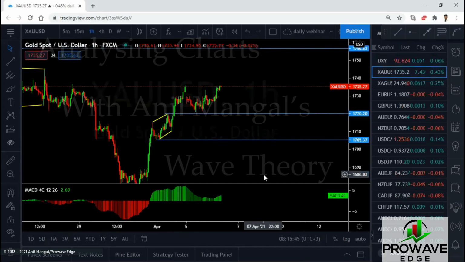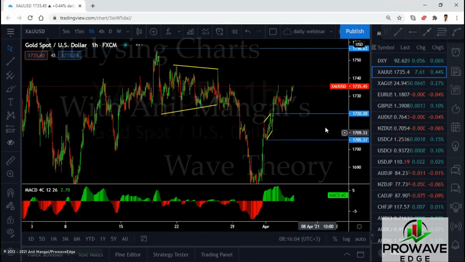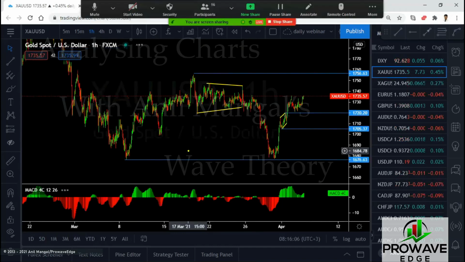Gold, it's correcting. I don't know whether this correction is enough. It kind of went up, but we're still within this impulse, which means I wouldn't be surprised if they come back here and then go. Pretty much like this. I think we might see it come back here first and then go. We will get to about this top. I showed you that already. I expect them to get to that top.